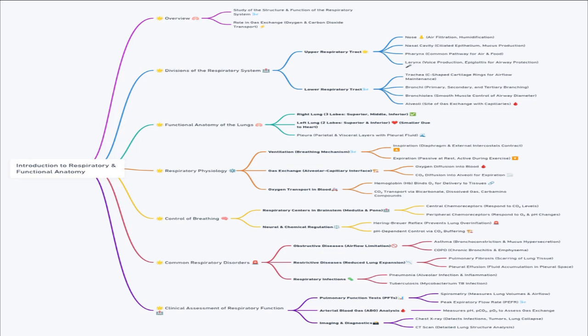The type 2 are more numerous than the type 1. Type 2 about 30% more than type 1. The type 2 pneumocytes are secretory cells, and their functions are to synthesize, secrete, and store surfactants. And they reduce alveolar surface tension.